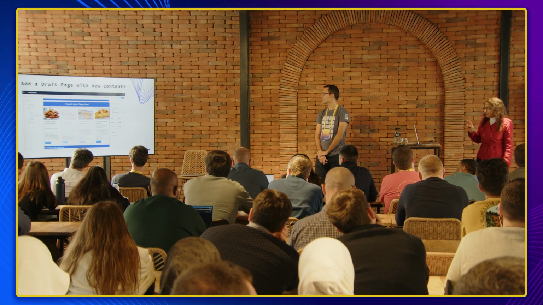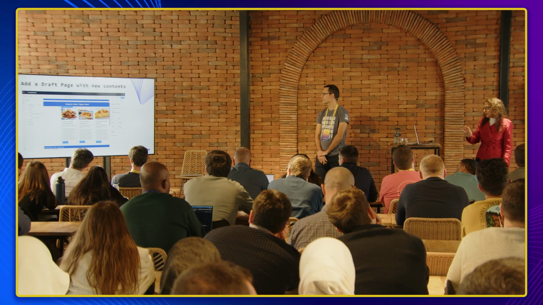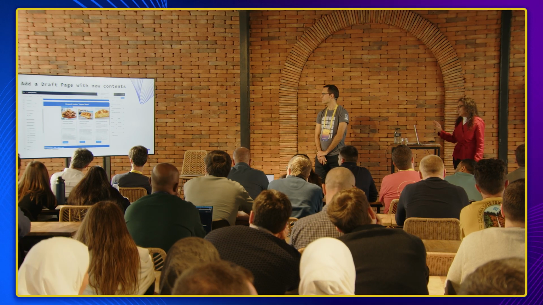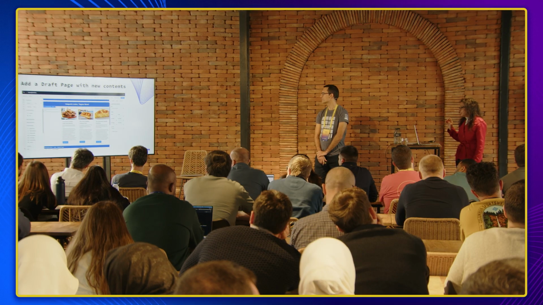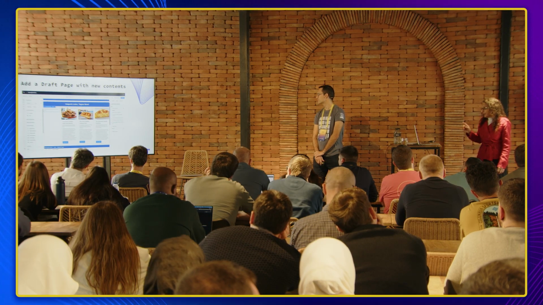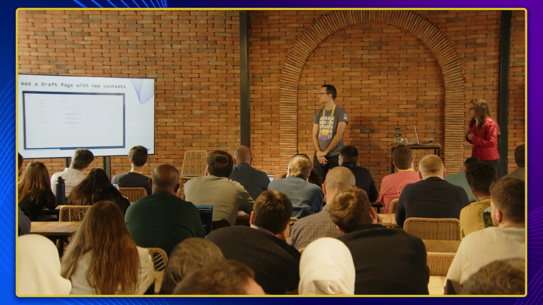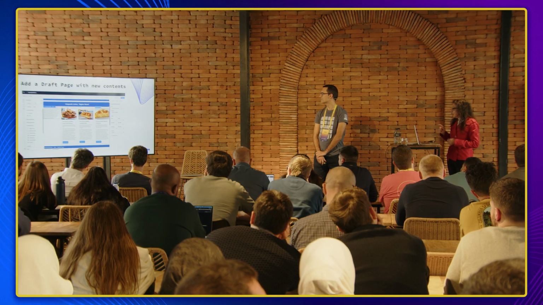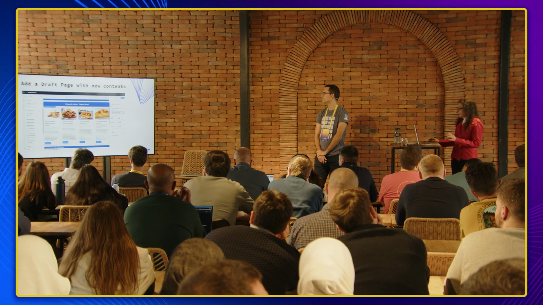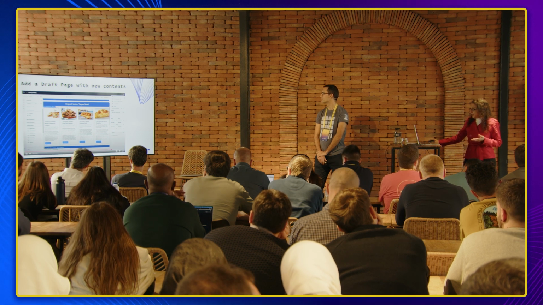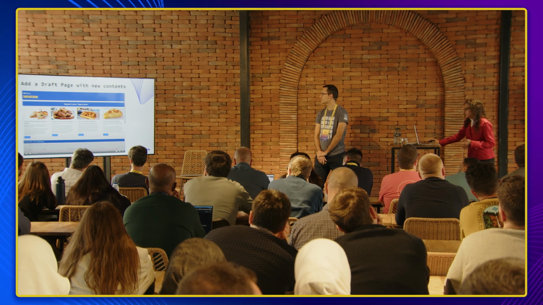We want to add the new tab in the first position, so we have to move all of them to the right. Then add the new content display. Select the content that we want, the pinchos, and set the correct template to visualize. In the draft, we can see the result.